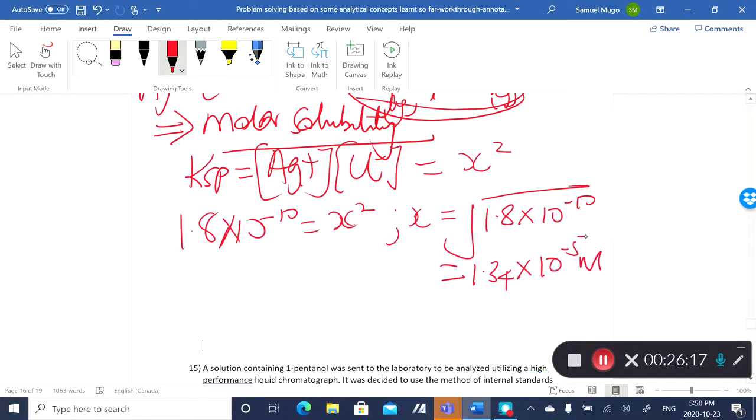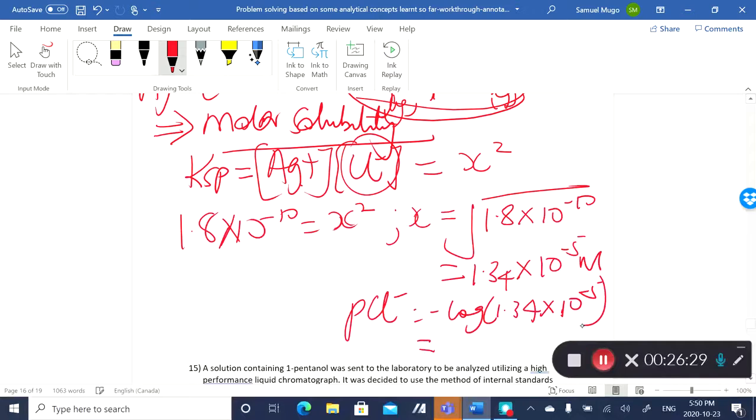Remember, x is referring to chloride, so the pCl is the negative log of 1.34 times 10 to the power minus 5, which gives you 4.87, and that is the answer at the equivalence volume.